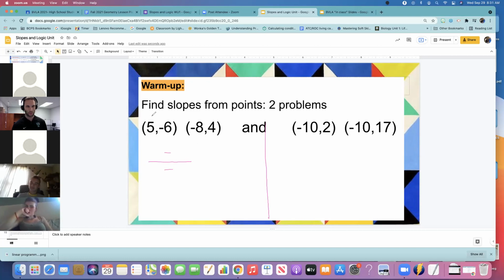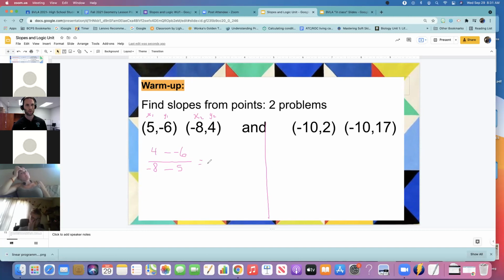I'll label them x1, y1, x2, y2, if that helps. You don't have to if you don't need to. If you remember, it's y2 minus y1, so it's 4 minus -6, and x2 minus x1 is -8 minus 5. And that's how to find the slope.